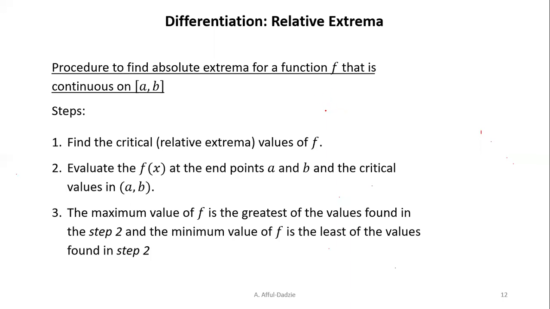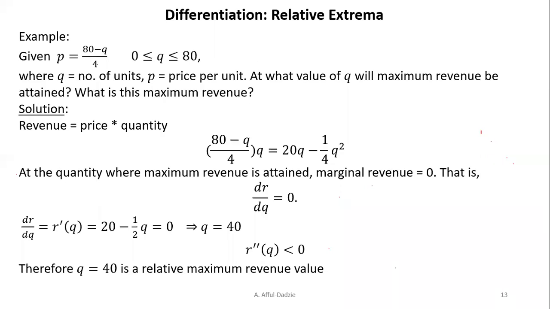Then evaluate f(x) at the endpoints a and b and at the critical values in [a, b]. Then the maximum value of f is the greatest value found in step 2, and the minimum value is the least value found in step 2. I know this is a little abstract, so let's take an example and solve it, and then we can all see what happens.